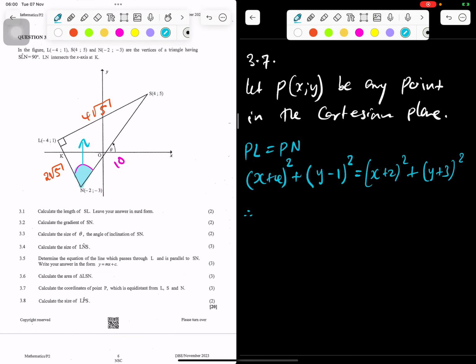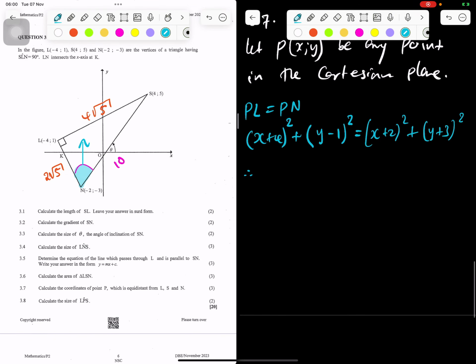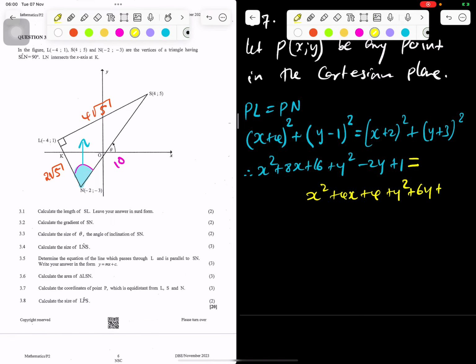Now, you need to expand this nicely. I don't have enough time to expand it, but let's do it. It's x squared plus 8x plus 16, plus y squared minus 2y plus 1, equals the expansion of this as well: x squared plus 4x plus 4, plus y squared plus 6y plus 9.